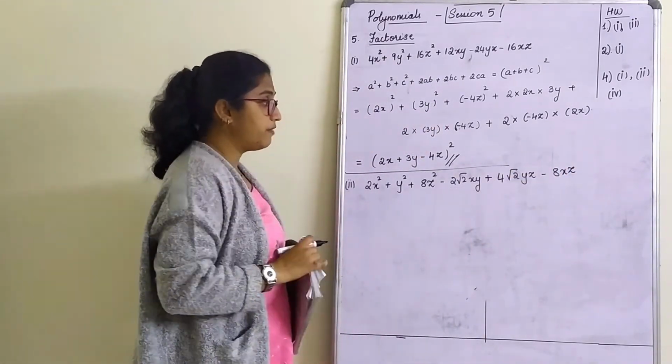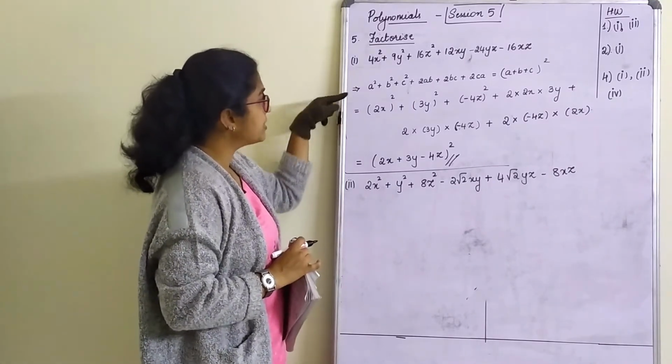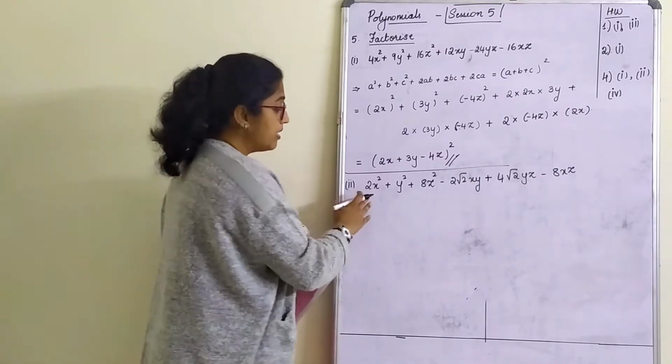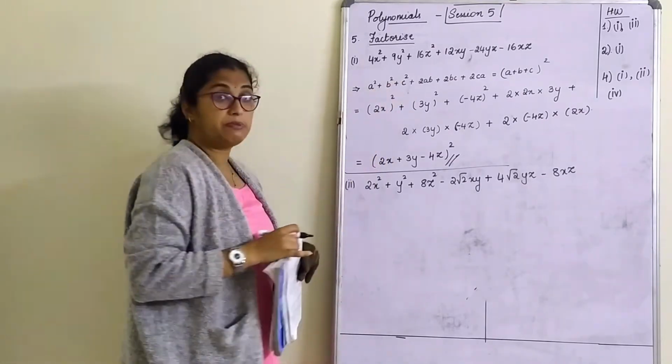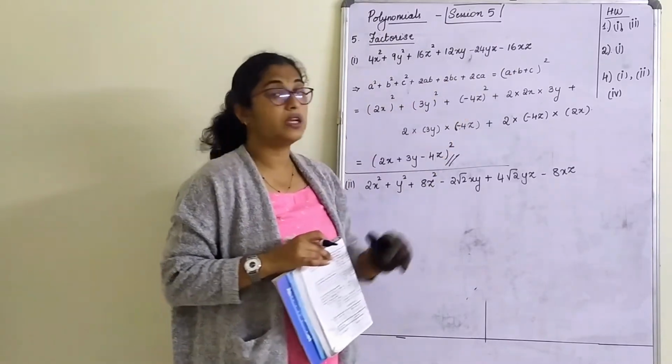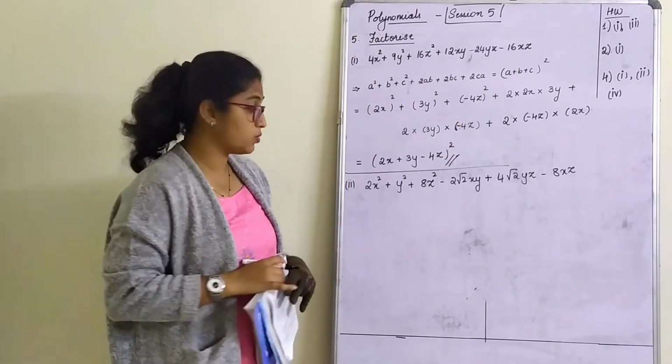So first of all, again it's of the form of this identity. I will not repeat this here again. You can write that step. This is of the form a square plus b square plus c square plus 2ab plus 2bc plus 2ca, equal to a plus b plus c whole square.